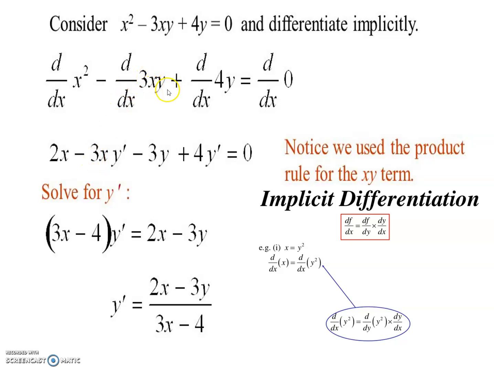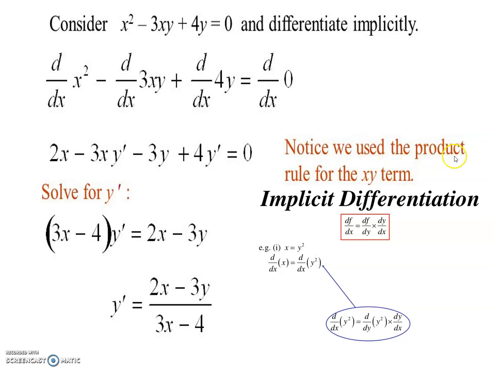We take the u into v rule, that is f of x into g of x, that is u derivative of v plus v derivative of u. So x derivative of y, that is dy by dx, we write y dash also, minus 3 derivative of x is 1, y remains the same, plus derivative of 4y is 4 and y derivative is 1, but instead of dy by dx we write y dash. Y dash here represents the dy by dx.